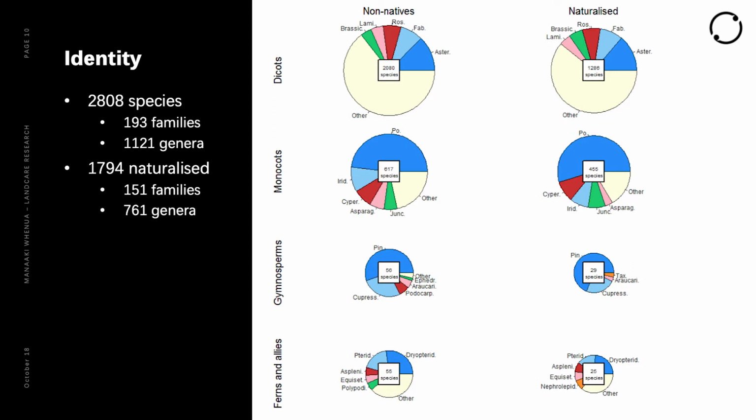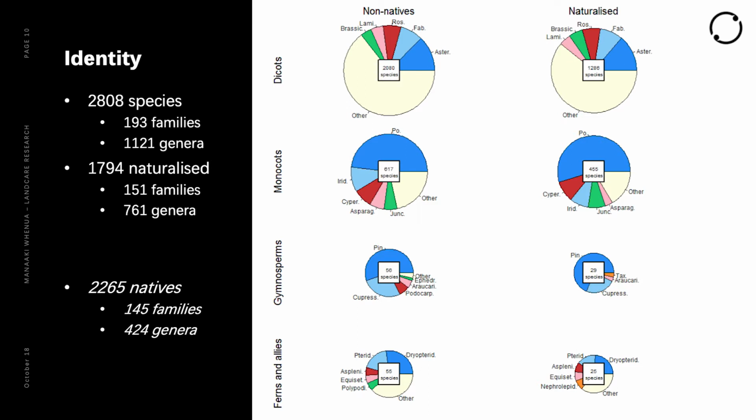And most of these species are naturalized, but it still is a smaller number. So there is a gap here between species present outside captivity and species that are actually naturalized. The composition of that naturalized flora is relatively similar. It's still the same players in most of these groups, except for the Pinaceae family actually comes out in the gymnosperms, of particular note.